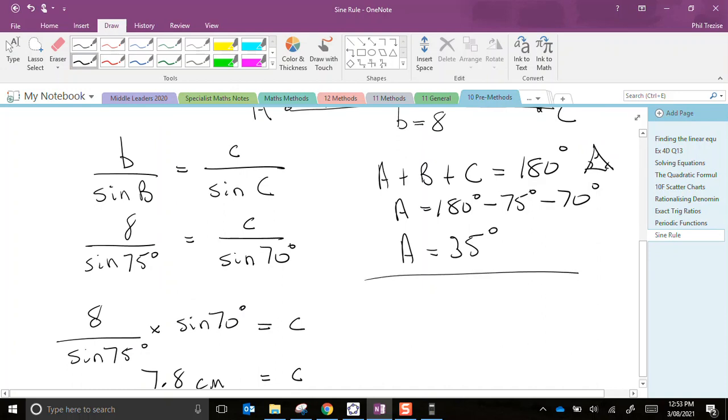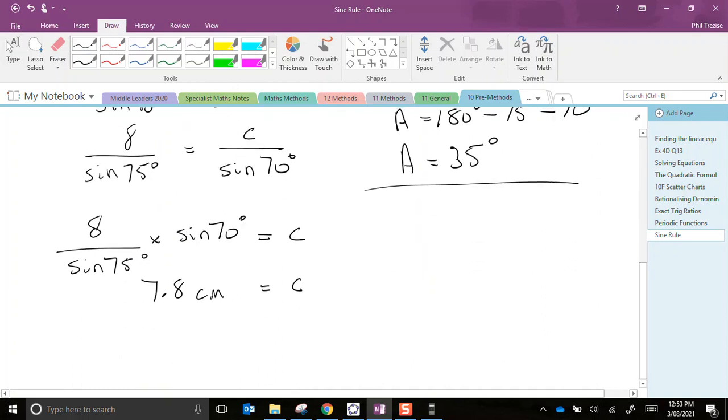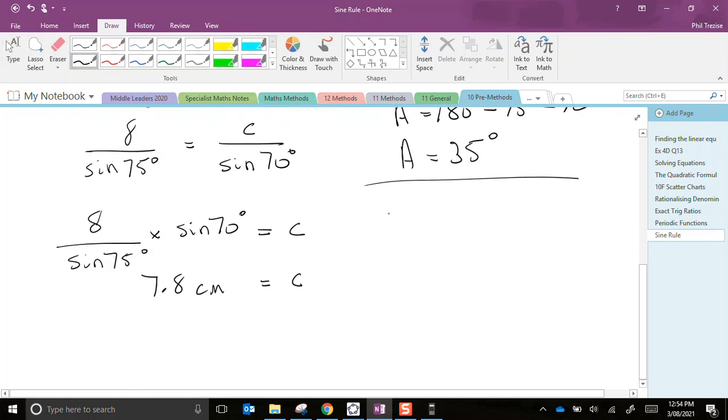So A is known now, which means my last step would be to go little a over the sine of angle A. Now in this one, I could either go B over sine B or C over sine C. Remember, I only need to work with 2 parts of the sine rule, not all 3. So I might go B over the sine of angle B. Little a is the unknown.